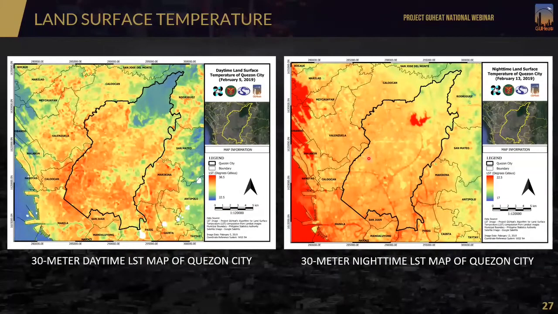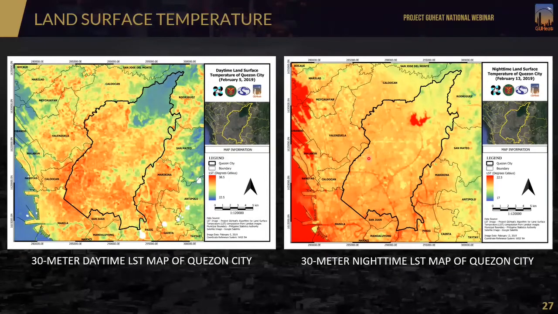In Project GUHeat, we are also looking at nighttime land surface temperature. In the left image, we can see the 30-meter resolution daytime LST map derived from Landsat. And the pattern is different if you look at the nighttime land surface temperature of Quezon City. This is primarily because of differential heating and differential cooling rates of these different surfaces.